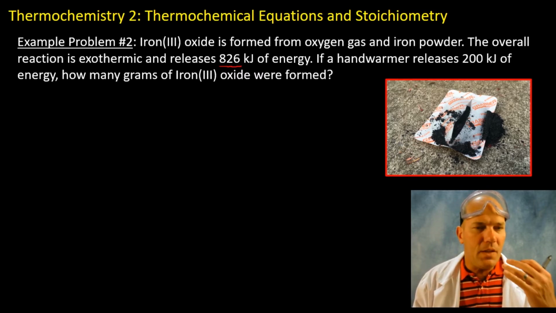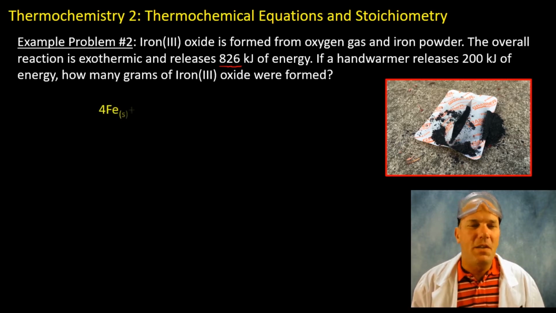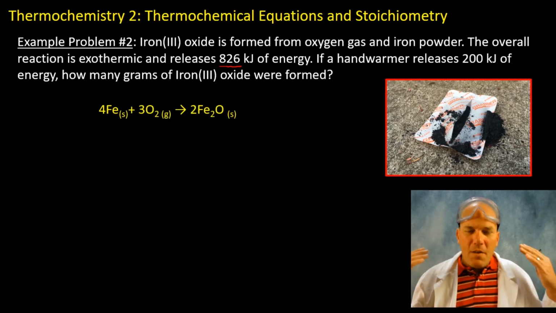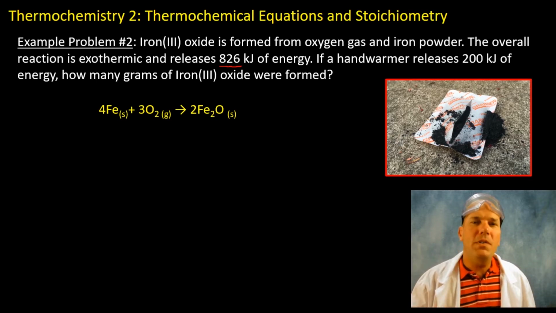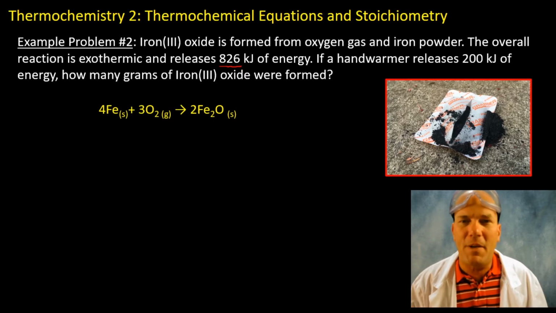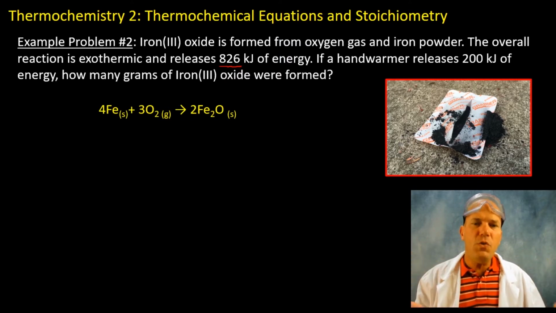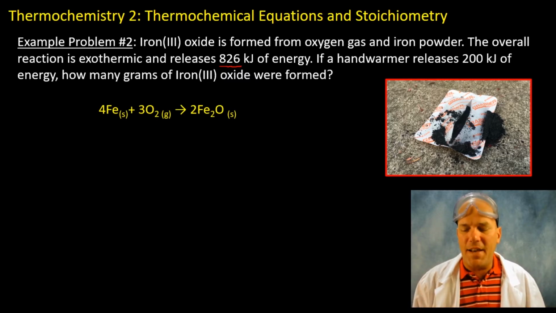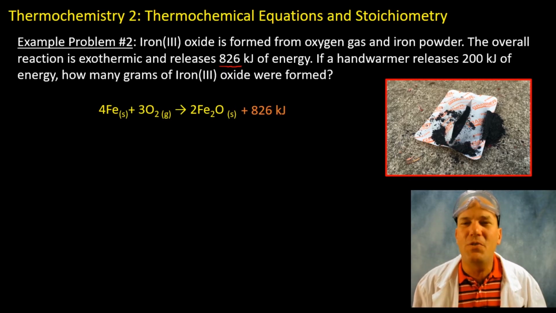So what do we do with all stoichiometry? It must start with a balanced chemical equation. So once we get this balance, we see that for every 4 moles of solid iron, which is iron powder, that combined with 3 moles of diatomic oxygen, we will produce or yield 2 moles of solid iron 3 oxide and 826 kilojoules of energy.